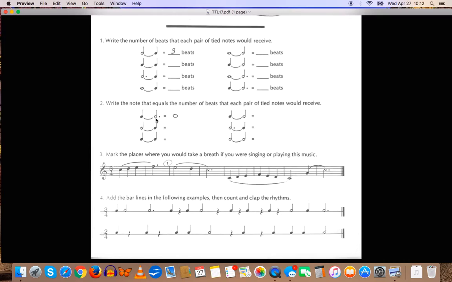So 2 plus 1, that's 3, plus 1, that's 4. You would write a whole note in there. Let's do one more. Half note and quarter note. Remember, you can only write one note as the answer, so you need a note that equals 3 beats, and the answer should be a dotted half note. So go ahead and do the rest there.